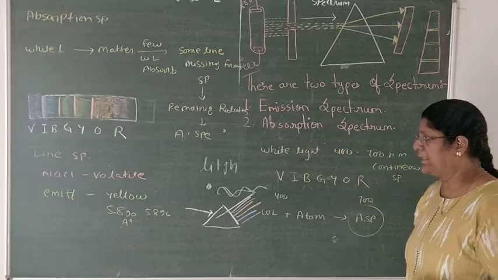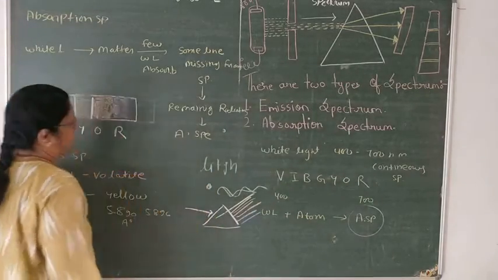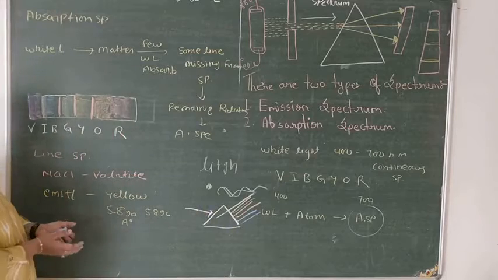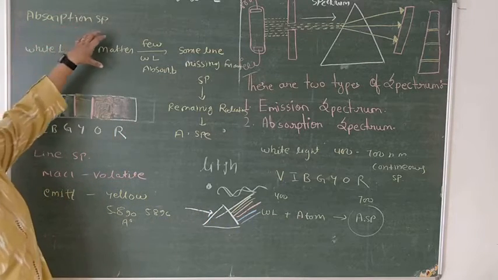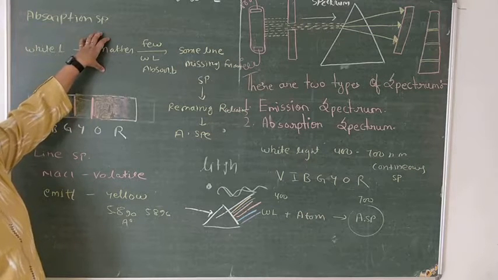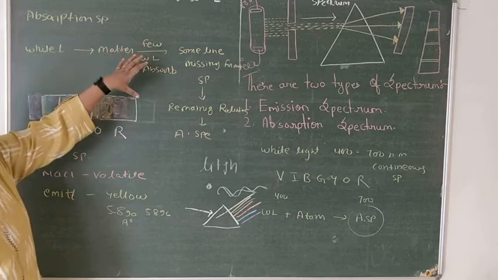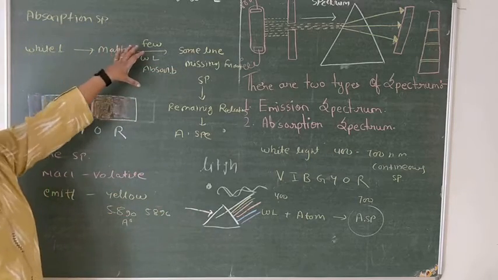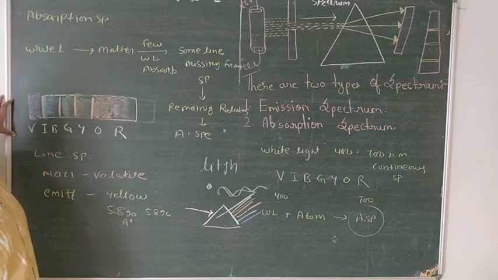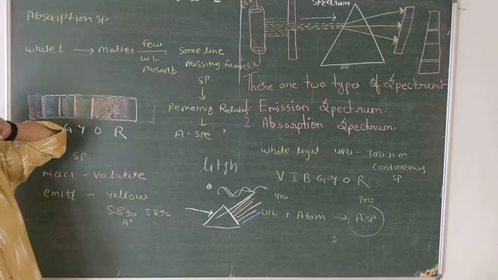When white light passes through matter or an atom, a few wavelengths of this white light, which is already distributed in 7 colors, are absorbed by that particular atom or matter.